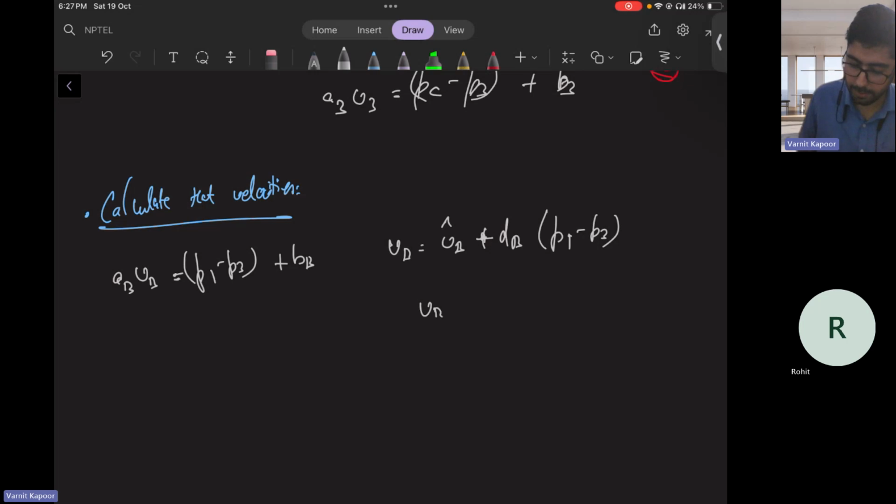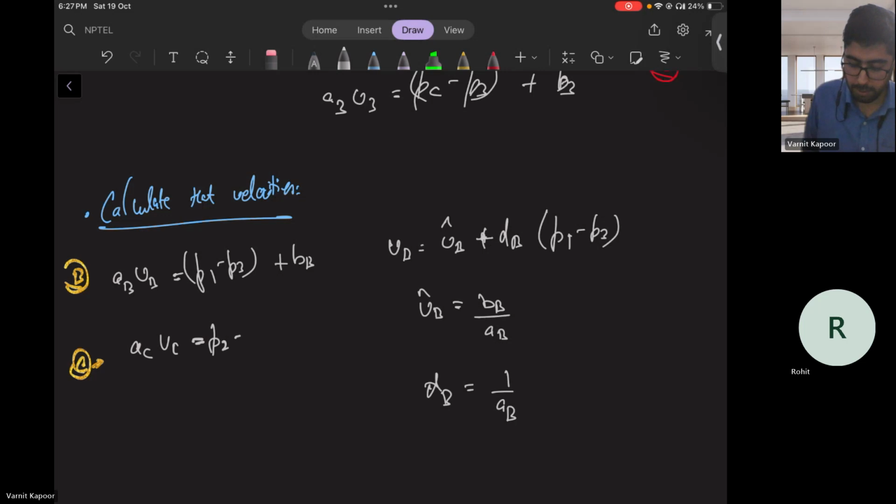So UB hat is BB by AB, and EB is 1 over AB. This was for cell B, and for cell C, the equation will be AC UC equal to P2 minus P3 plus BC. Okay.